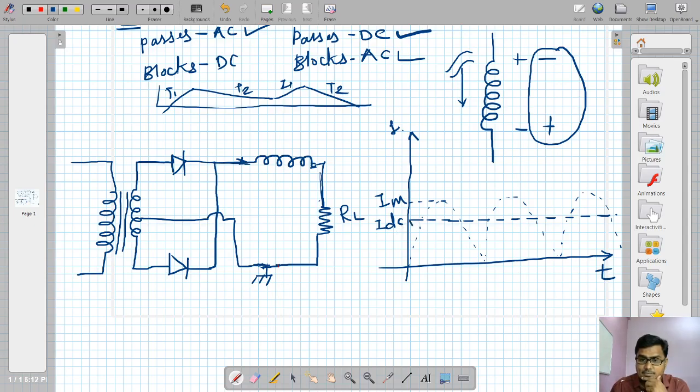Maybe the output voltage that we are getting will be like this. Let me draw it with some other color to make it easier to understand. This is actually the output voltage.